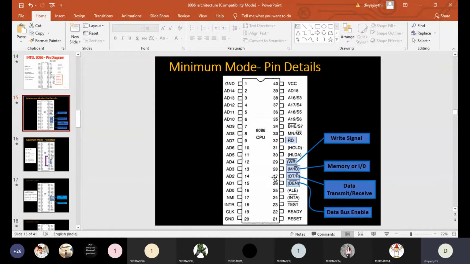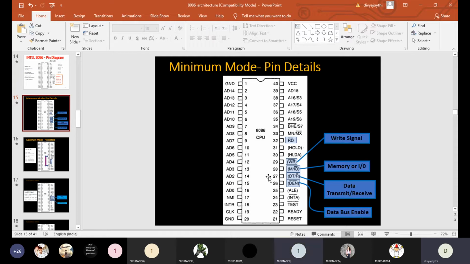And next, moving on to 27. What is 27? DT slash R bar, data transmit or receive. The value at pin number 27 gives us information on whether the processor is transmitting the data or receiving the data.